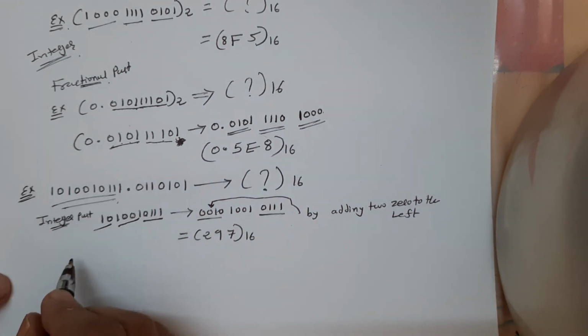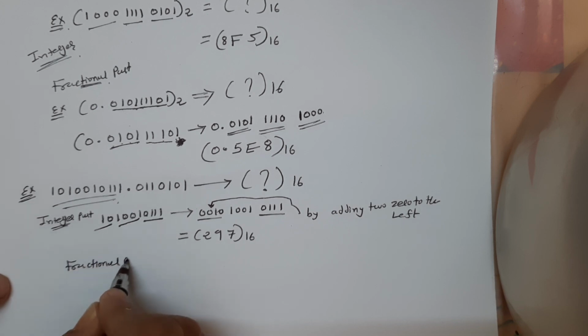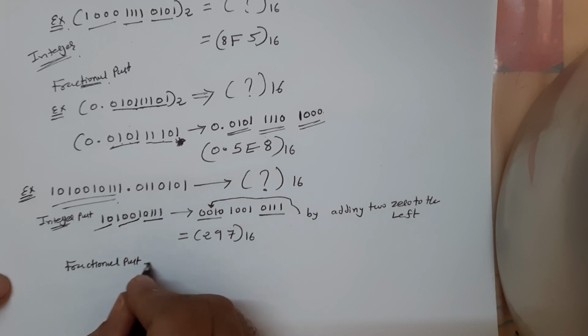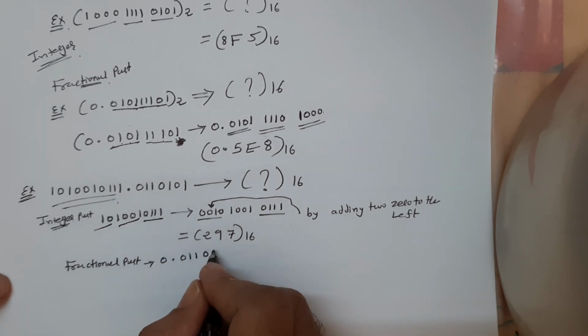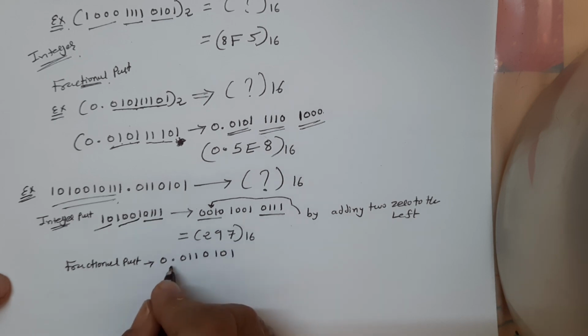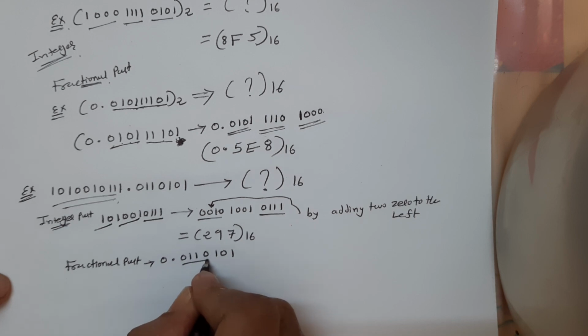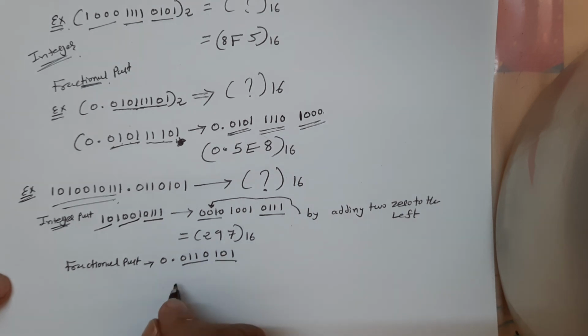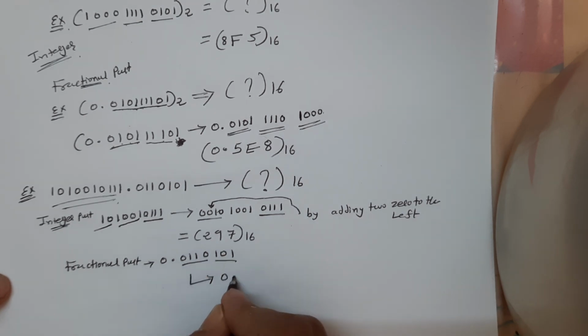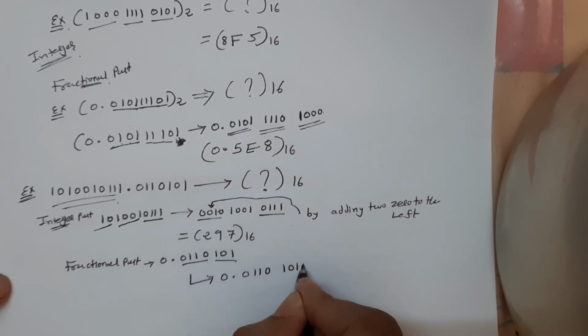What about the fractional part? Zero point 0.0110101. So again, after the point 4 digits 0110, then 101 3 digits. So we add one more 0 to the right hand side. So this is equal to 0.01101010.